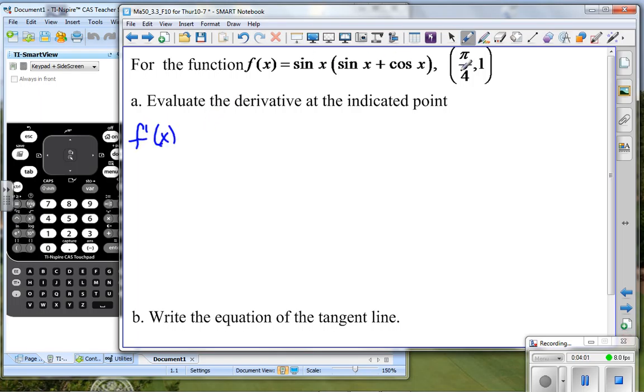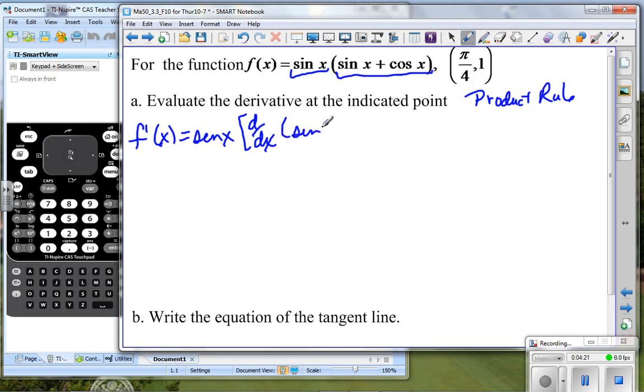Again, we're going to have to use the product rule on this problem because it is one factor or one function multiplied to a second one. So we take the first factor, and again this is a step that you need to write out, times the derivative of the second factor.